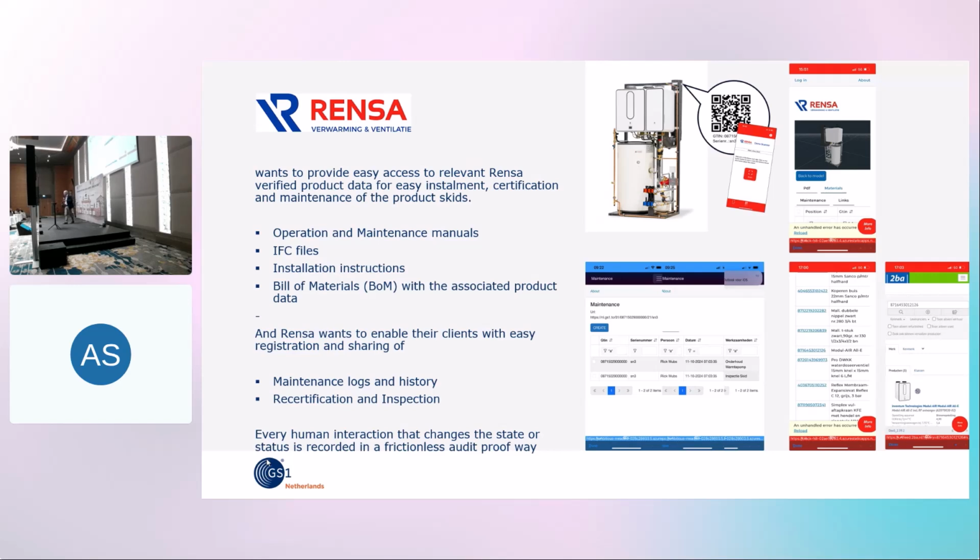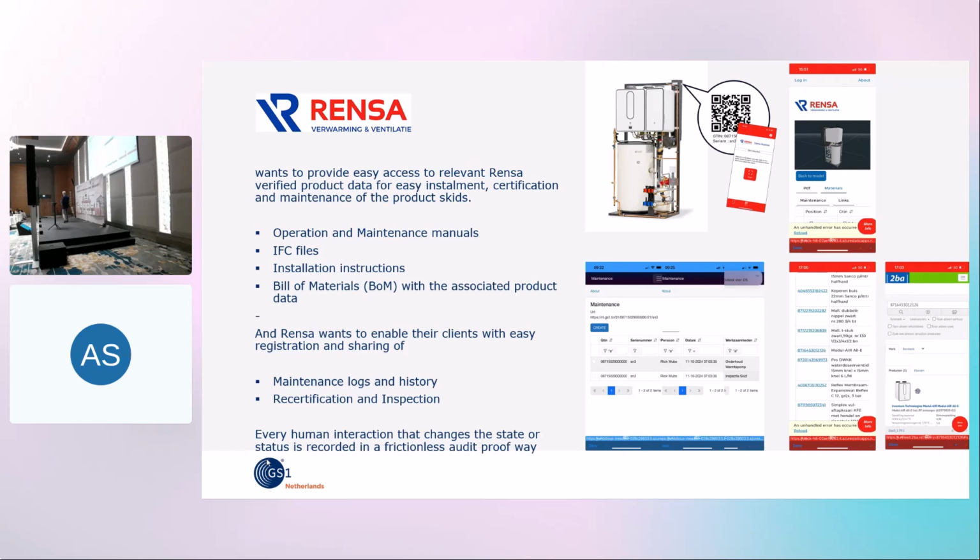They want to have easy access for their clients to operation and maintenance manuals, to IFC files, to installation instructions, and to bill of materials. And from the bill of materials to all the product information of the components that they used.